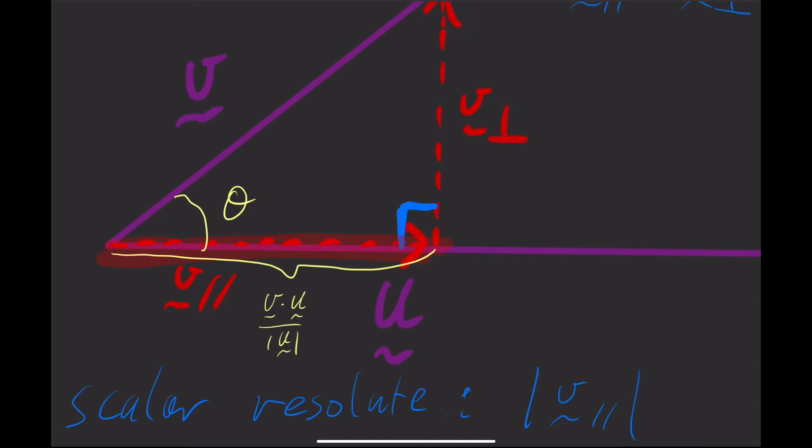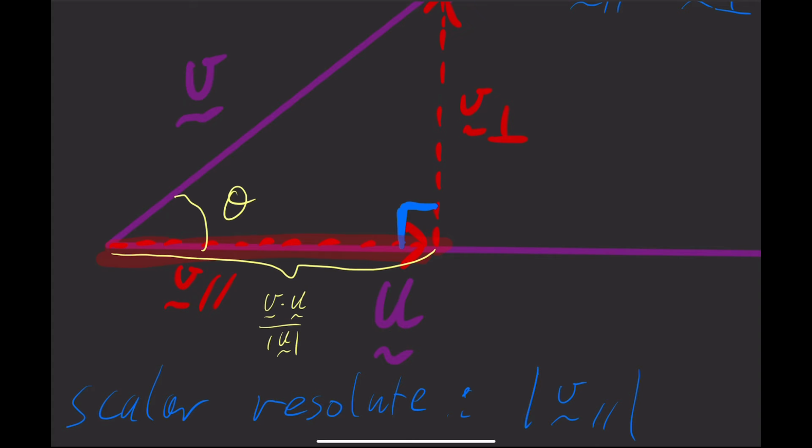So what we want to do is find a vector that's parallel to u, hence parallel, but is this long. So we want to find a vector that has this magnitude here that points in the same direction as this vector u.